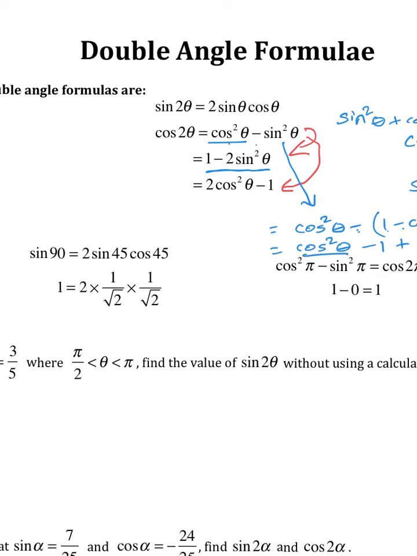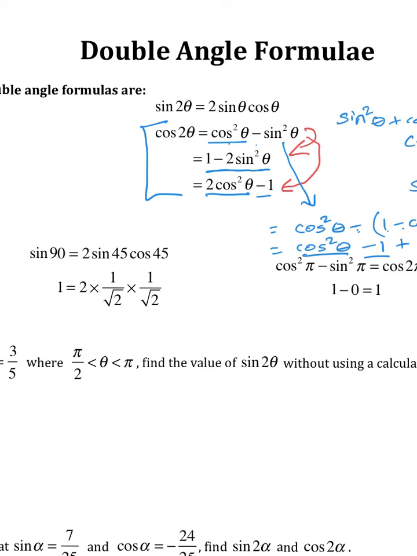So cos squared theta plus cos squared theta is 2 cos squared theta, and then we've got the minus 1 there. So that's how the three versions of the cos 2 theta formula are related.